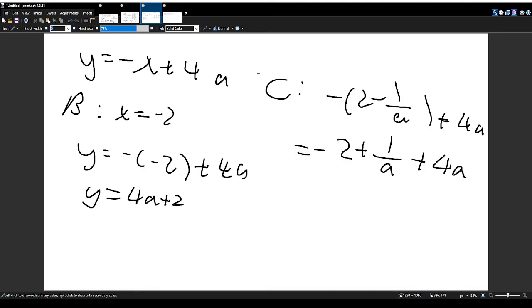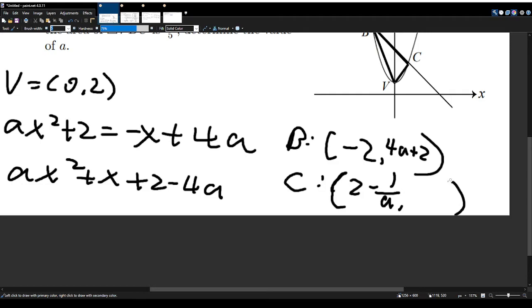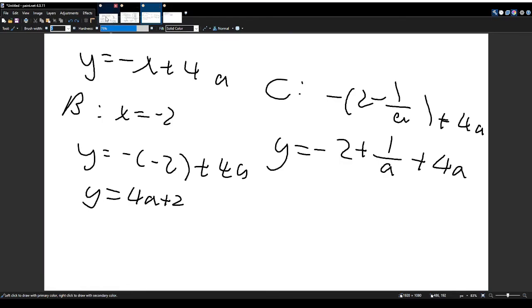Okay, so that's your y for C, and this is your y for B. So now we can write this as 4a plus 2, and 1 over a plus 4a minus 2.